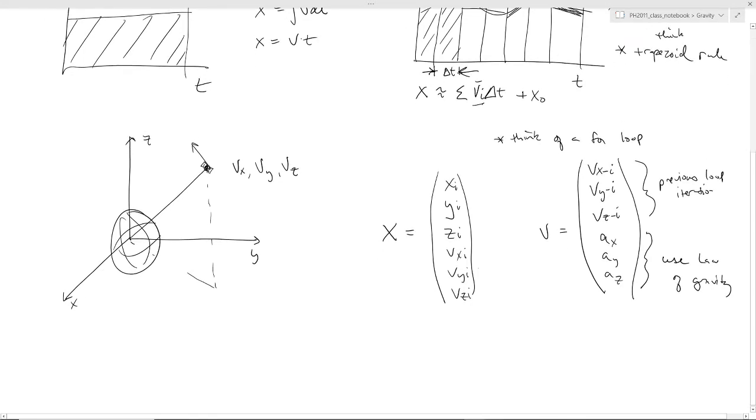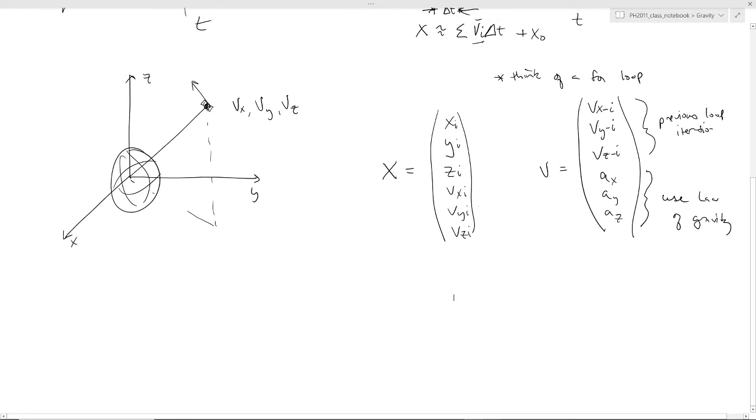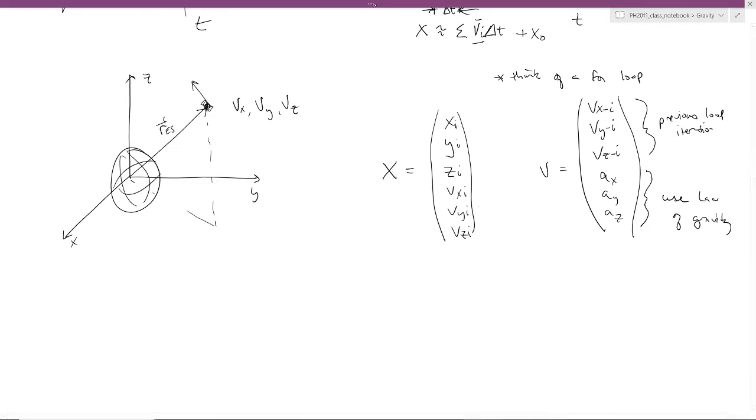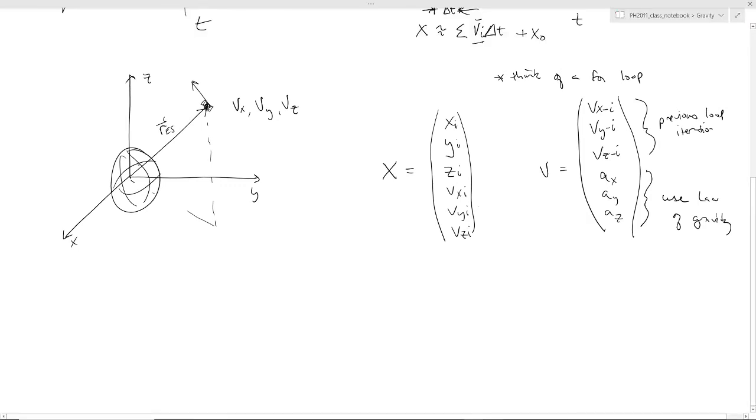So let's be a little more precise about the law of gravity. What is that going to look like exactly? Well, what we really need to do here is look at this in the vector picture. So this vector that points from the Earth to our satellite we'll call RES. And let me add also, there's a unit vector that's associated with that. I'll call it RES hat.